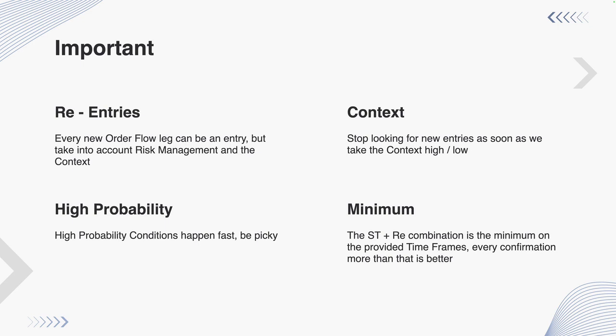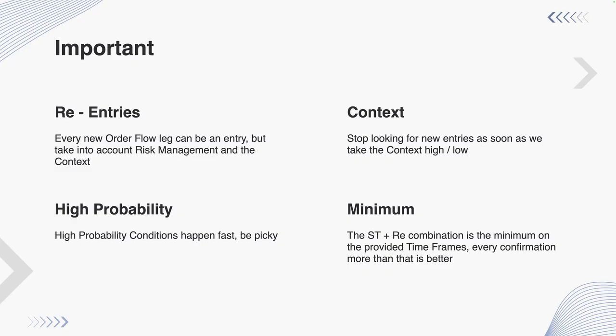But first, just start off with one singular entry. Then next is context. Stop looking for new entries as soon as we take the context high/low. Whenever we take a context high/low, especially when you're just starting out with this type of trading, simply said, don't look for a new entry anytime soon.